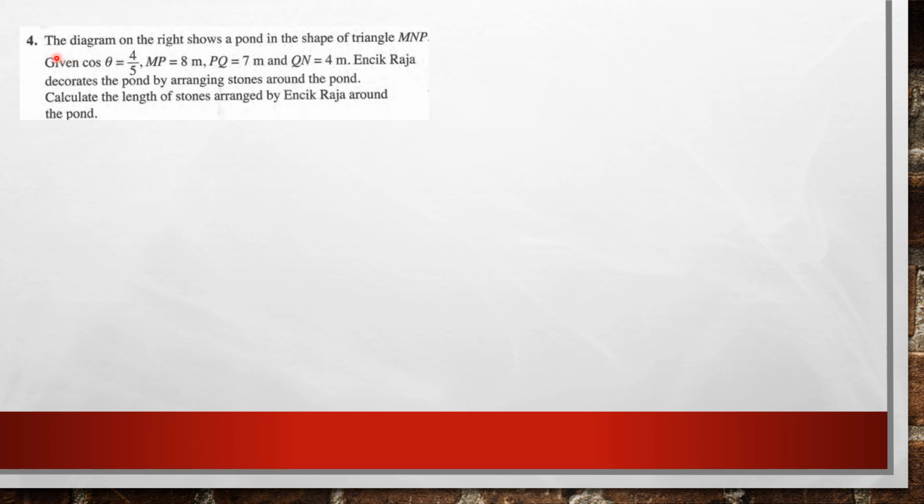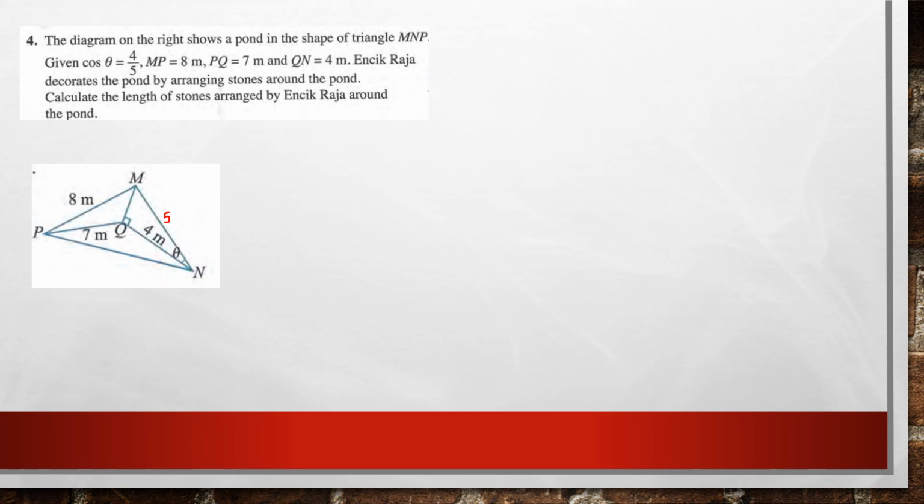Next, we look at question number 4. The diagram on the right shows a pond in the shape of triangle M, N, P. Given cos theta is 4 over 5. So cos is adjacent over hypotenuse. This is theta, and the adjacent is already labeled for you. So now you label the hypotenuse MN as 5.